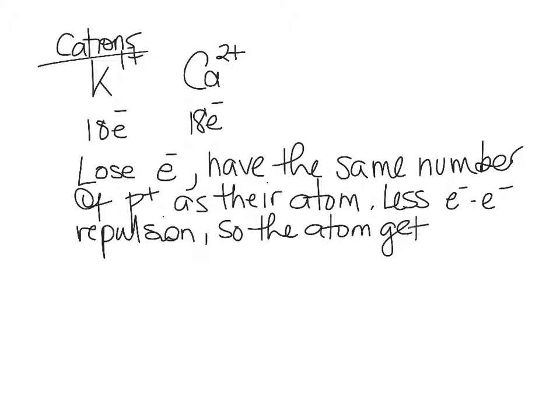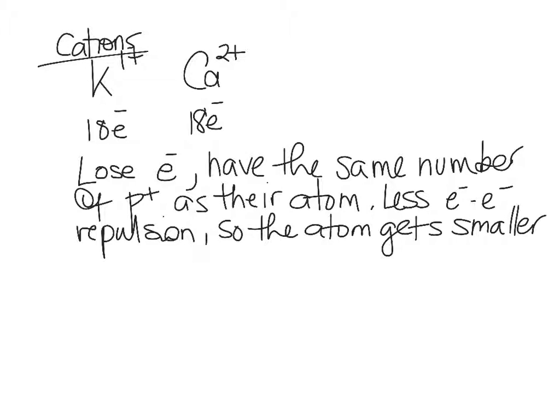So the atom gets smaller. The more electrons you have in your outer shell, the bigger you get. So you've lost those electrons, the positive pull is the same, so there's less repulsion, so they start getting smaller. What happens here is the more electrons you lose, the smaller the atom.